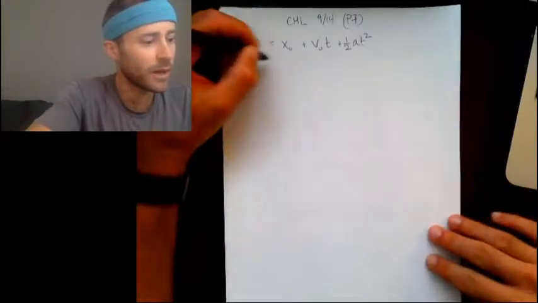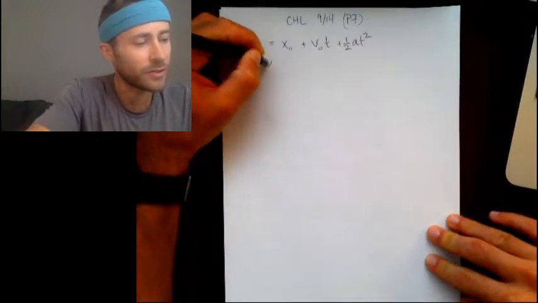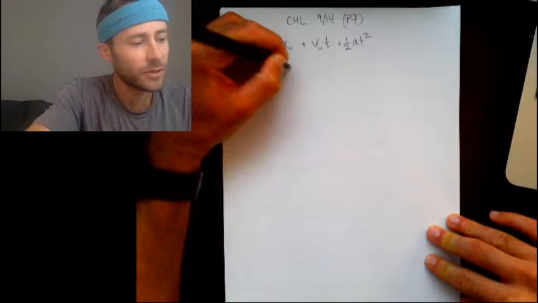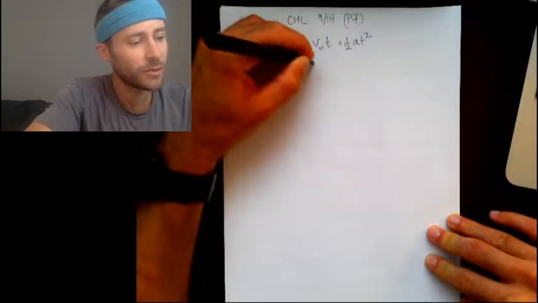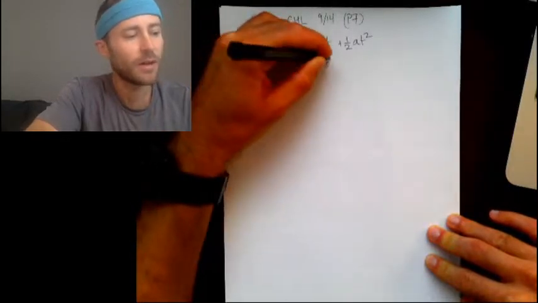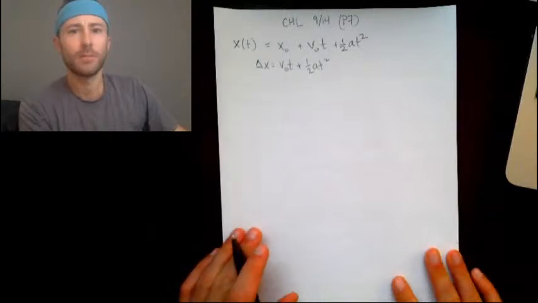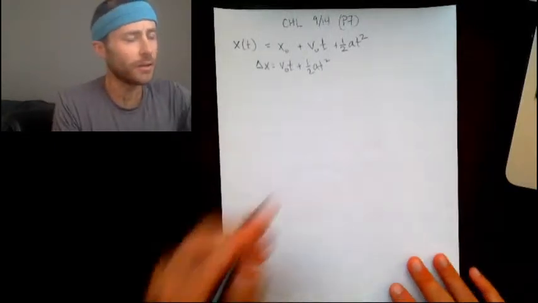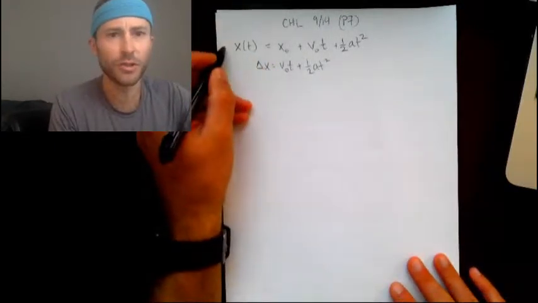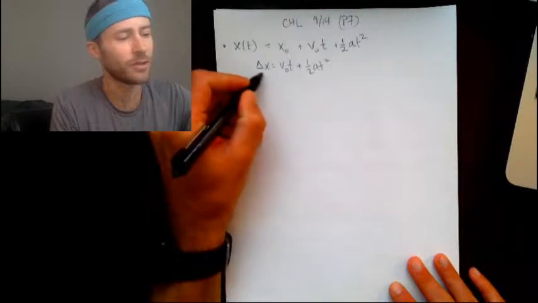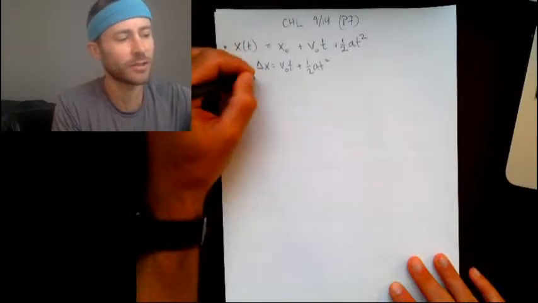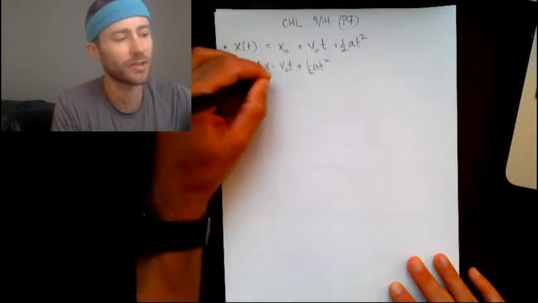Last year I wrote it as delta x equals v initial times time plus 1/2 at squared. But this is a little more mature way of writing the equation. You might recall that delta x is x final minus x initial.